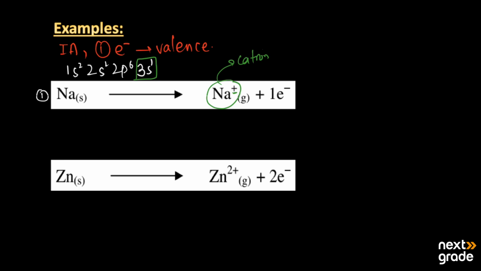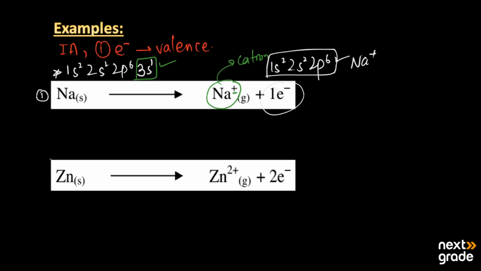Now its electronic configuration becomes 1s2, 2s2, 2p6. So this is the electronic configuration of the sodium cation, this is the electronic configuration of the sodium atom, and this is its lost electron. Sodium is called electropositive because it can lose the electron easily, and the valency of sodium is 1 because it has one electron in the valence shell.